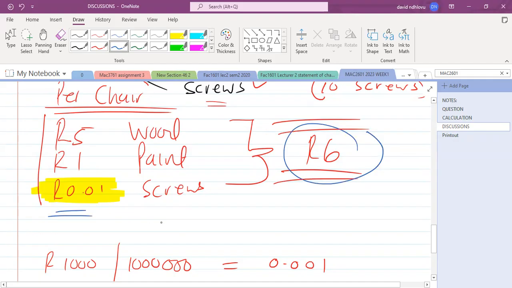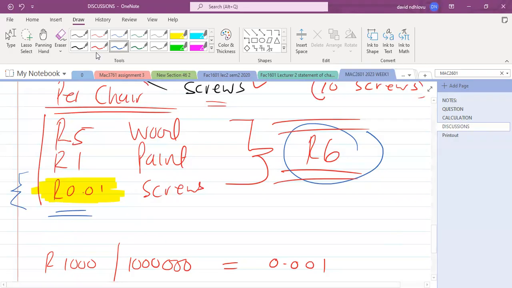It's not allowed. So what companies will normally do is say, this small figure, if we include it as it is, it doesn't make sense. Imagine you are producing something worth 200,000, but there is a material in that product costing 5 rand or 0.105. Doesn't make sense.